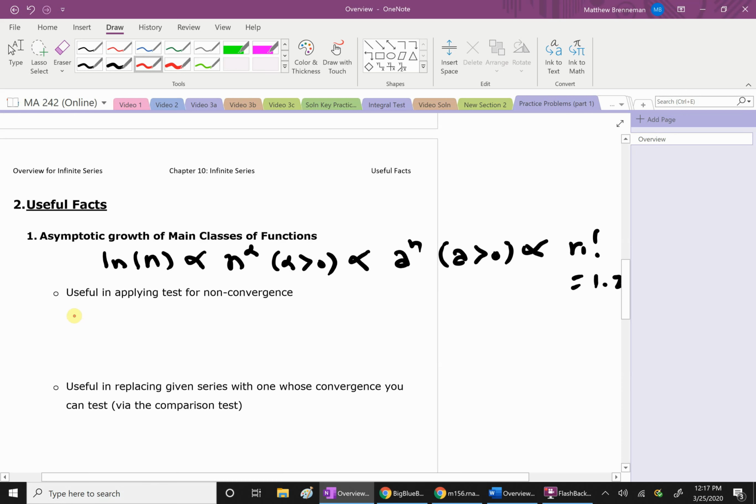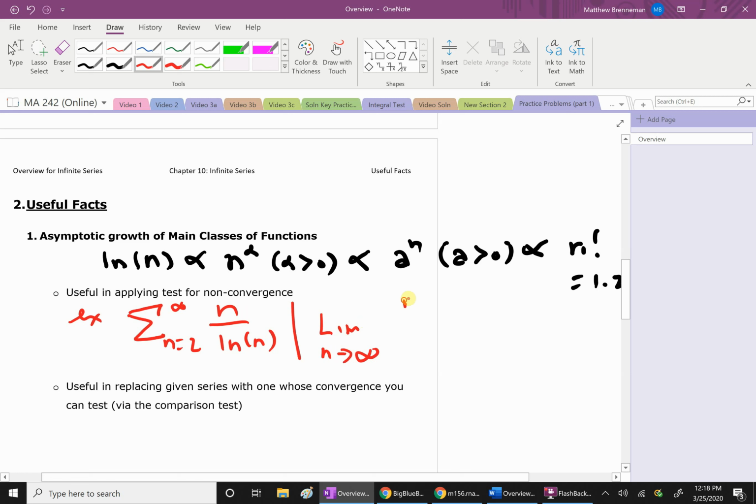Okay. So just as a simple example, if you're asked to determine whether or not the following series converges, the series from n equals 2 to infinity of n over natural log of n, with the test for non-convergence, you're going to be evaluating the limit as n goes to infinity of the a_n's, right?